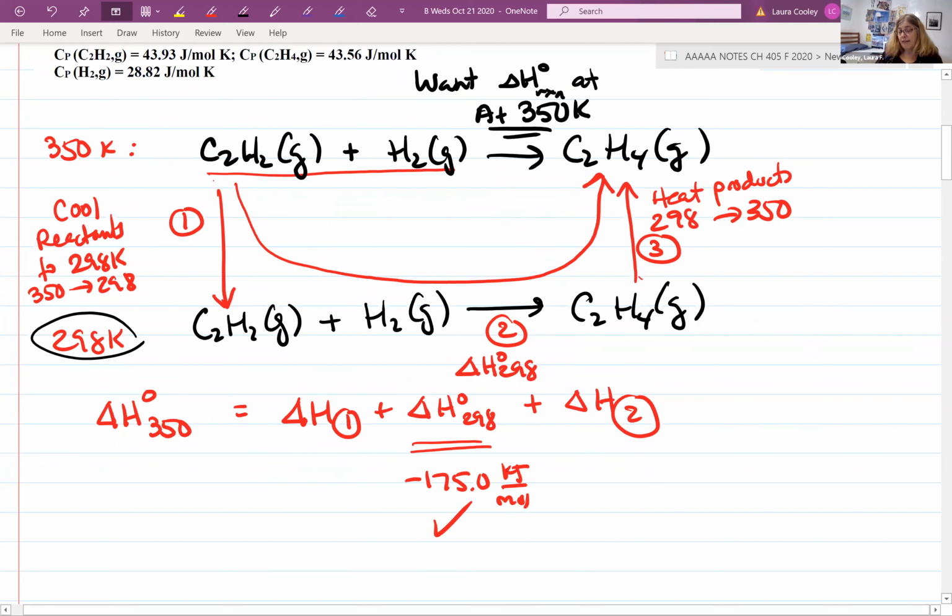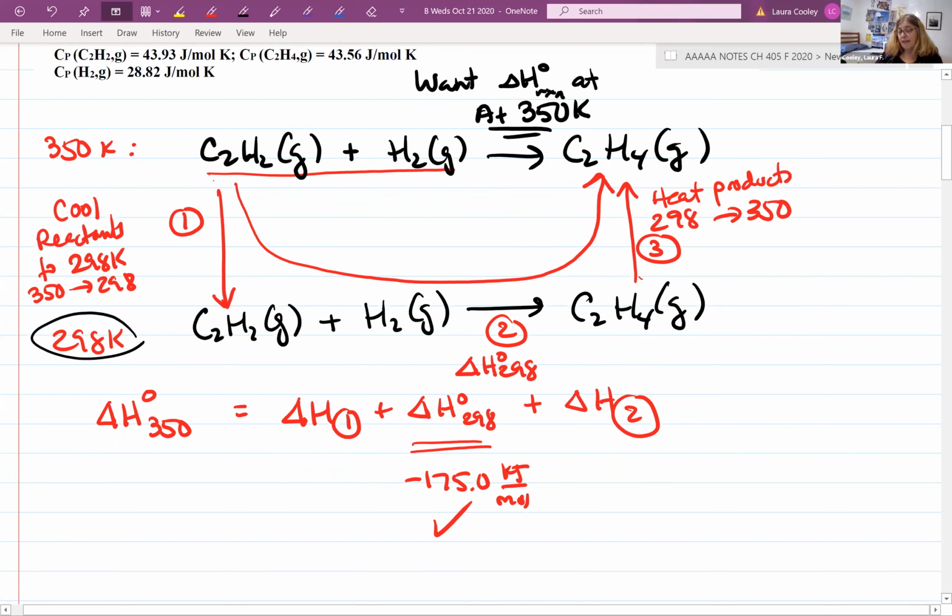So all I need to do is figure out what is the enthalpy change for cooling. And now here is where I would use the stoichiometric coefficients, which here are very boring, for cooling 1 mole of C2H2 and 1 mole of H2 from 350 to 298.